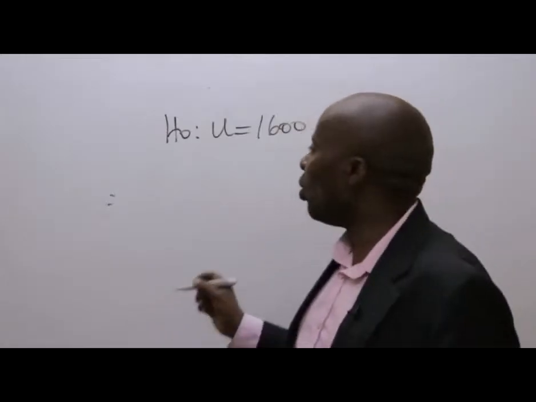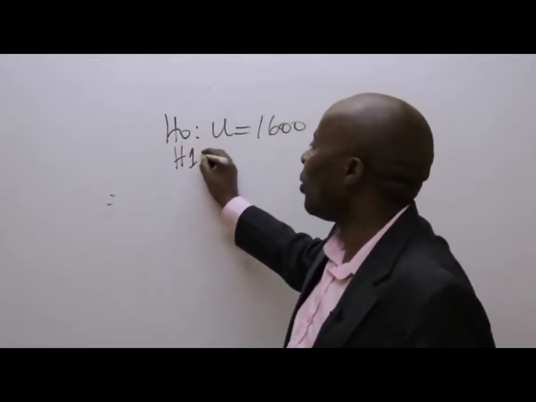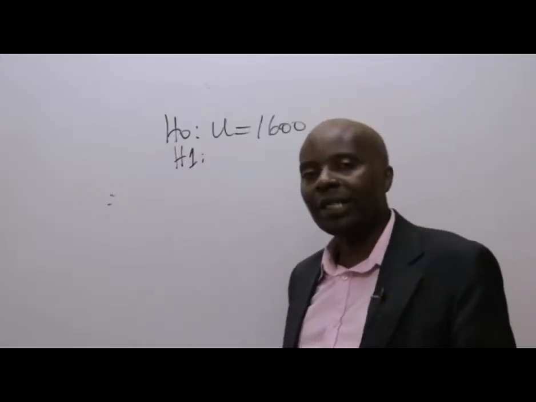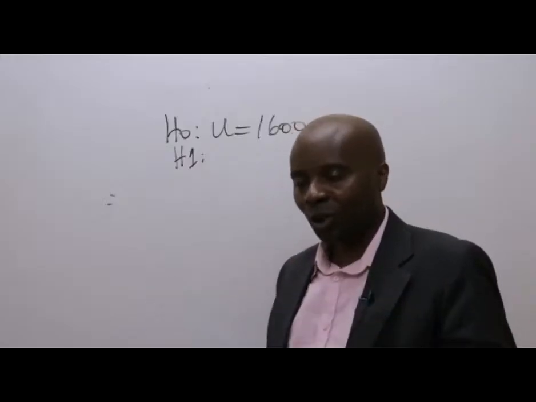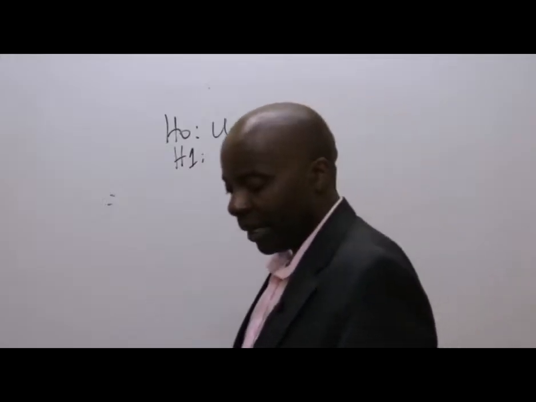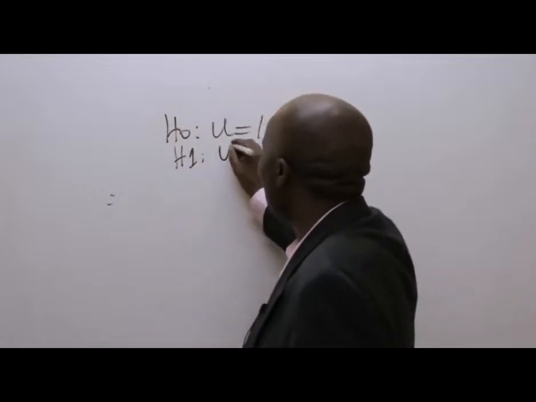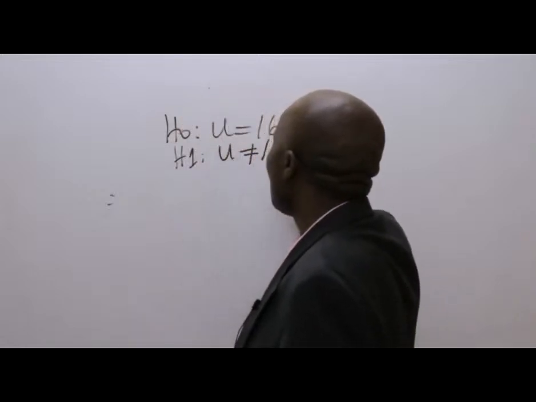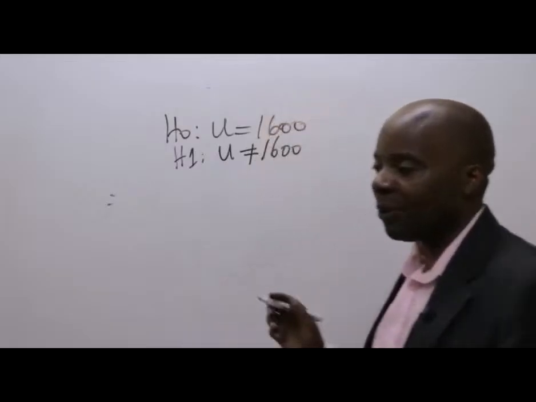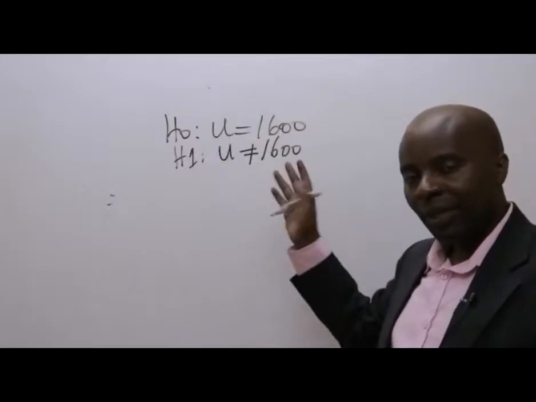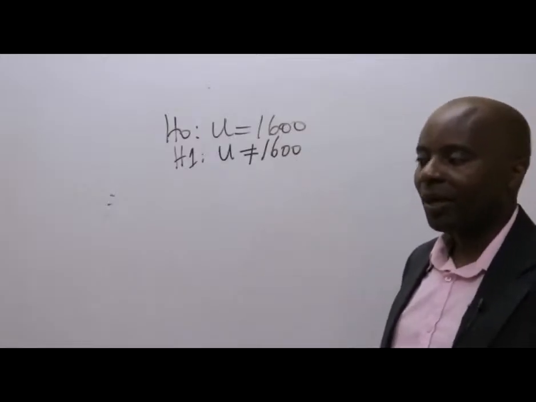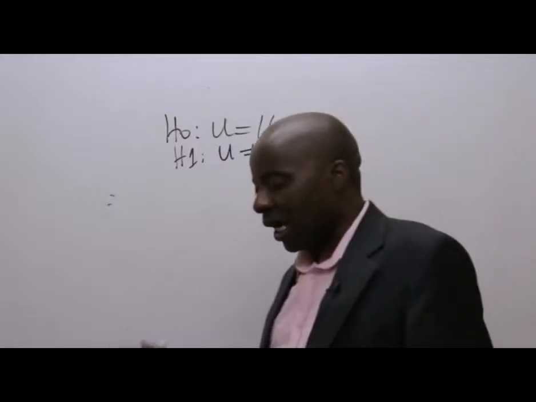Some of the bulbs will take longer, others will take shorter. So my alternative claim will be U is not equal to 1,600. Why? Because some bulbs will take more time, the other bulbs will take less time. So this is my alternative hypothesis.